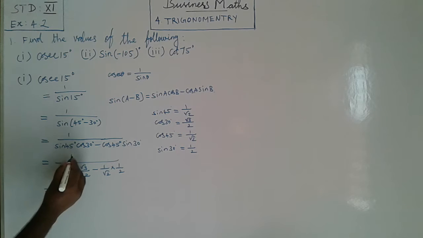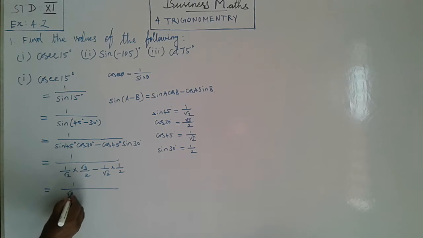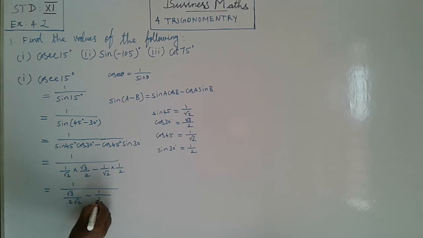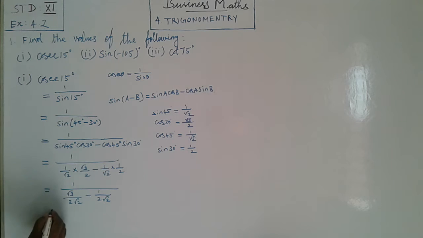So we multiply: 1 into root 3 divided by root 2 into 2 is 2 root 2, minus 1 into 1 divided by root 2 into 2 is 2 root 2. So that is equal to, take the LCM, 2 root 2 is the LCM: 1 divided by 2 root 2, root 3 minus 1.